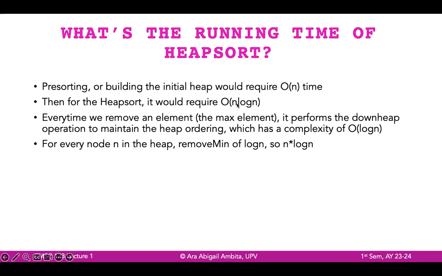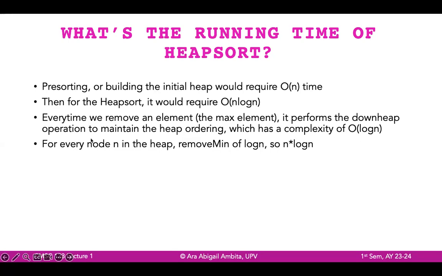So why is this O of n log n? Every time we remove the max element, it performs the down heap operation to maintain the ordering. And we know that the down heap operation, in the worst case, does swapping equivalent to the height of the tree, which is O of log n.